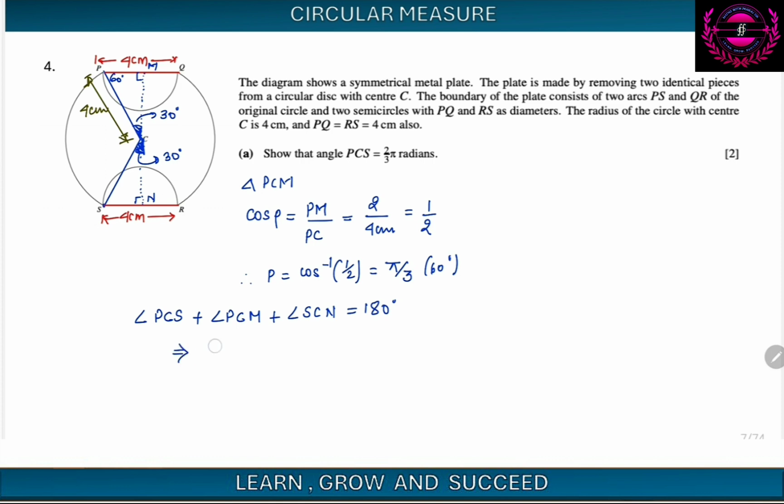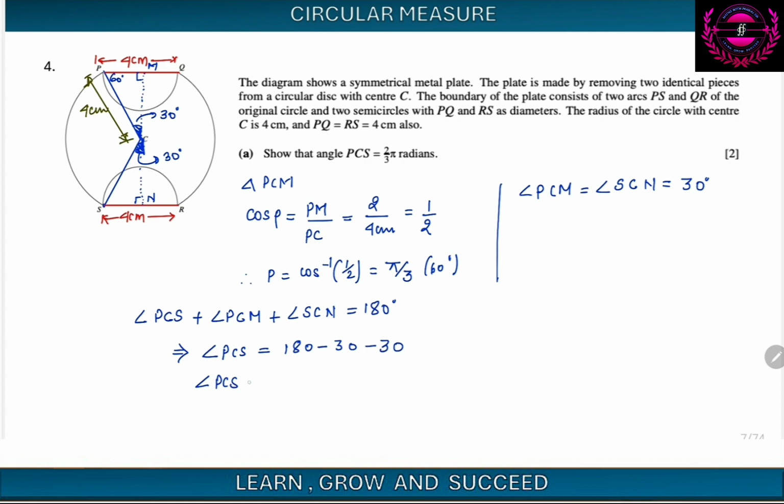This means angle PCS equals 180 degree minus 30 minus 30, because angle PCM equals angle SCN equals 30 degree.